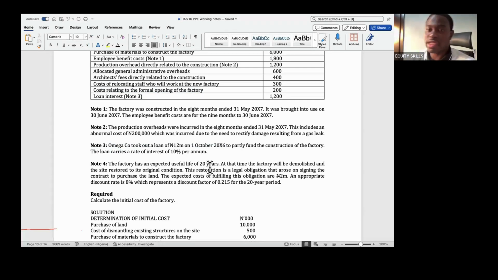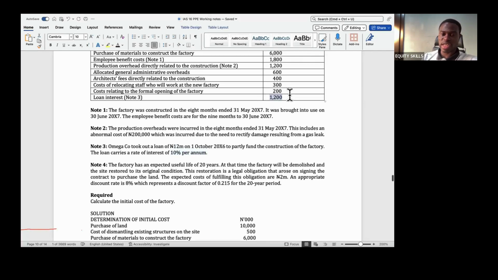But you capitalize the interest you incur up to the date when the asset is ready, or when construction is completed. So in this case, we are paying interest of 10% per annum on 12 million, which is 1.2 million.